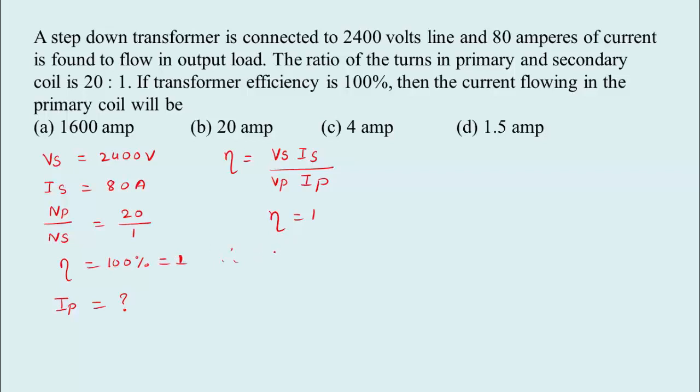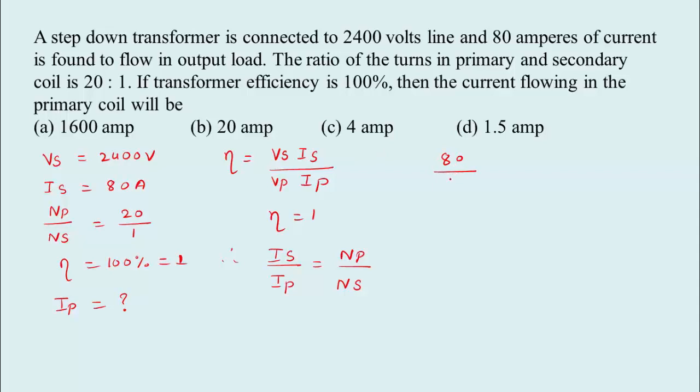We can use the equation IS divided by IP equal to NP divided by NS to calculate the current across the primary. IS is given as 80 ampere.